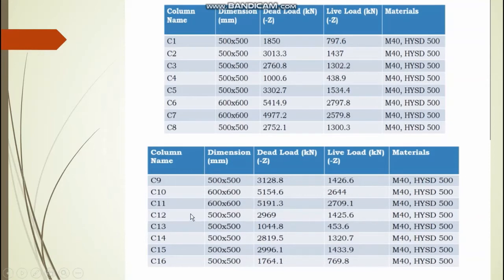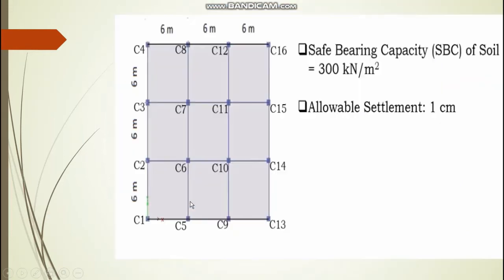Column 6, 7 and column 10, 11 are 600 into 600 as per our question. So you can see the placements once again. C1, C2, C3, C4, C5 would be of 500, C6 is of 600 into 600, C8 again 500, again 500, here C10 600, C11 600, C12 and the rest all are 500s.